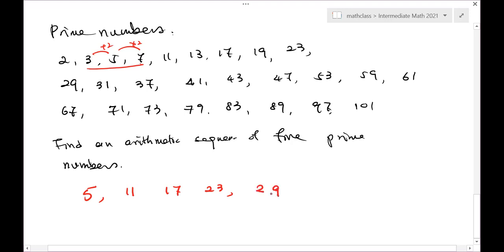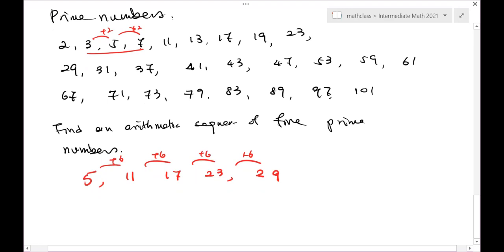So this is an arithmetic sequence. It increases always by 6. That's a surprise. But 29 plus 6 is 35, and 35 is not a prime number.